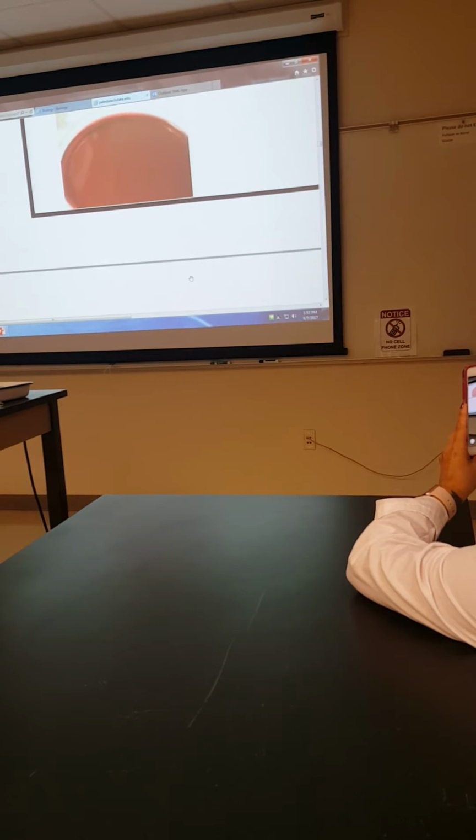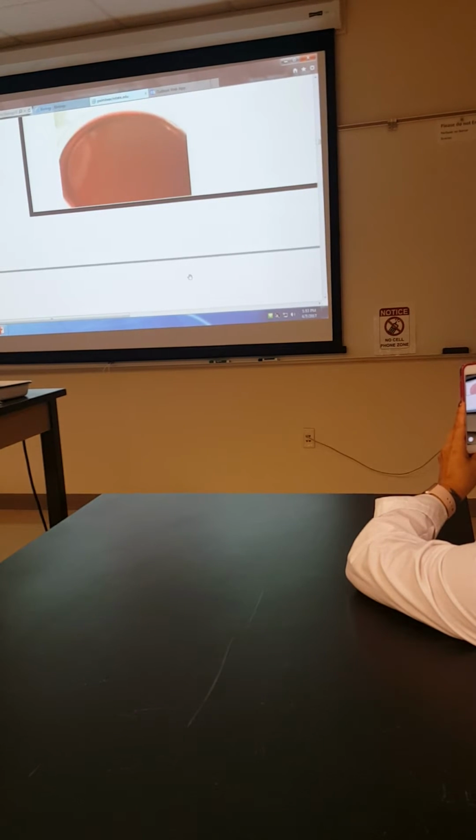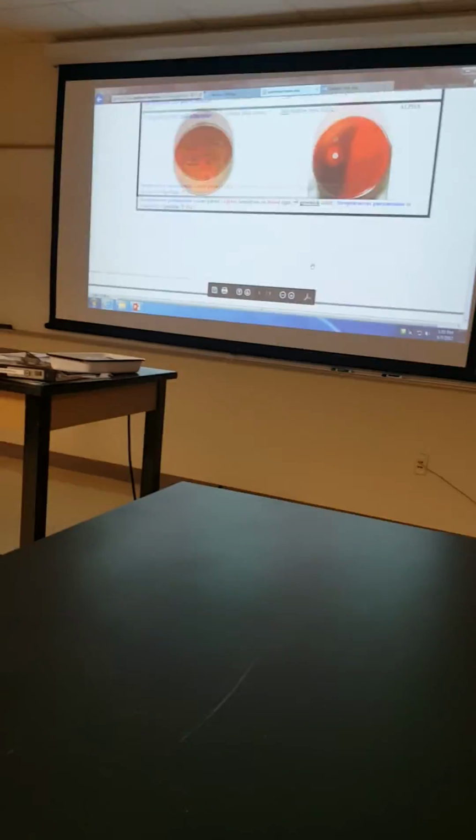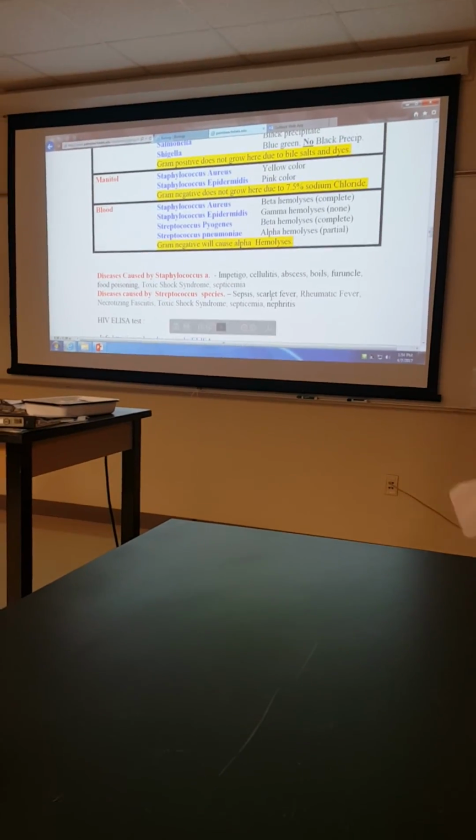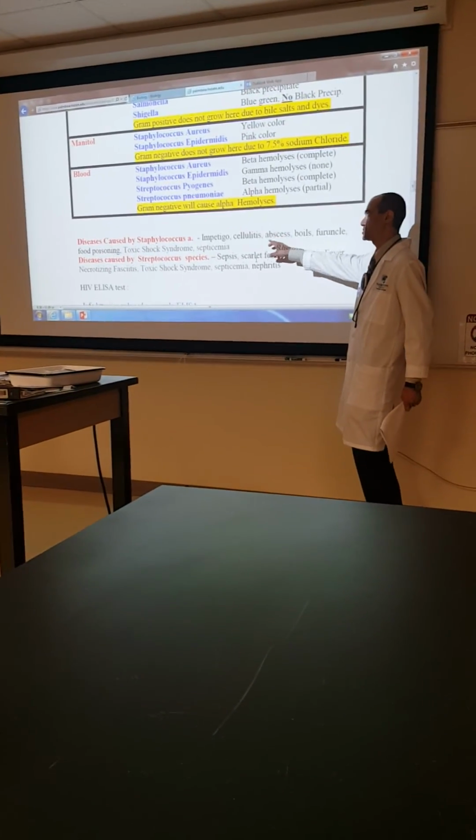Bacilli plural or bacillus singular? There are going to be a couple of questions on the diseases caused by staph and strep.